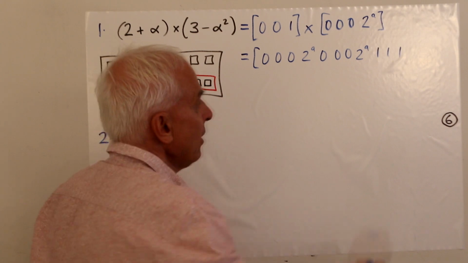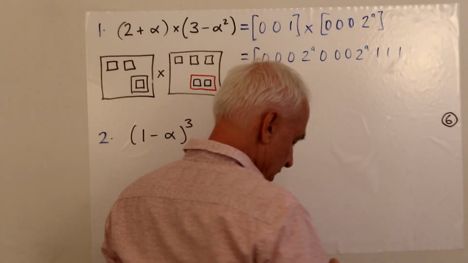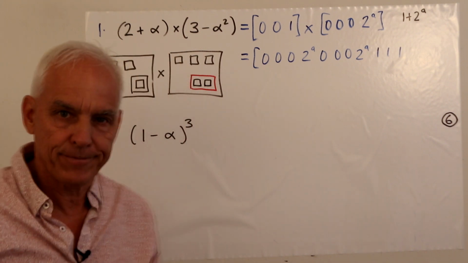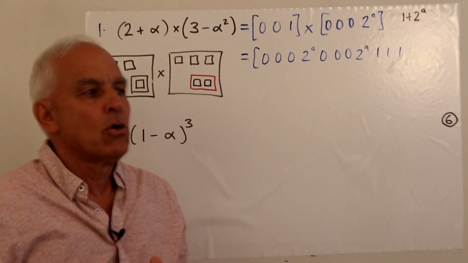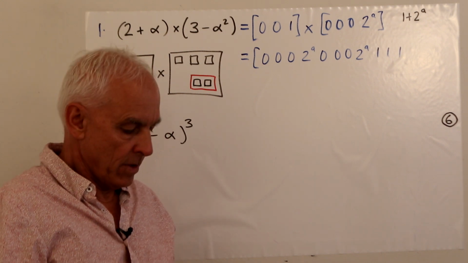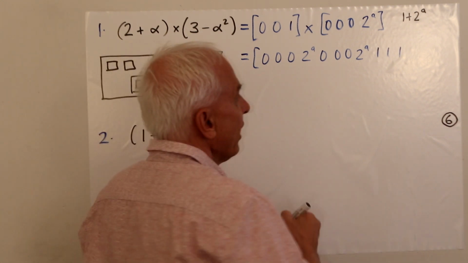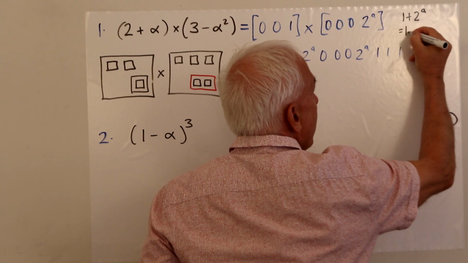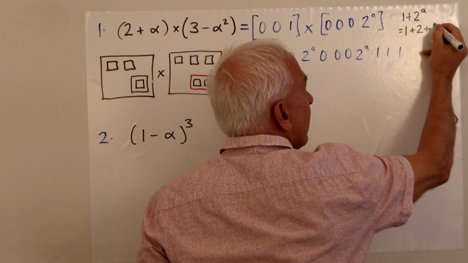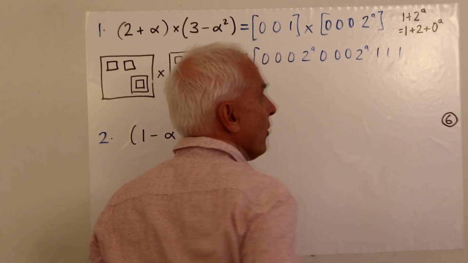So that's interesting here. So we need to calculate over here, perhaps in a different color. So what is 1 plus 2a? So another way of thinking about that is it's 1 plus 2 plus anti-0, right?